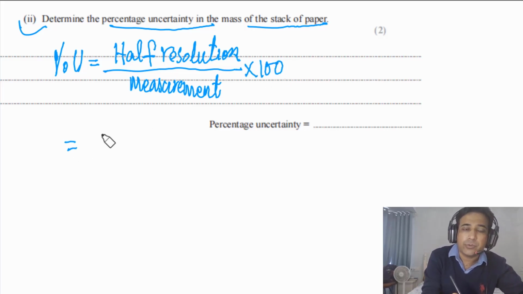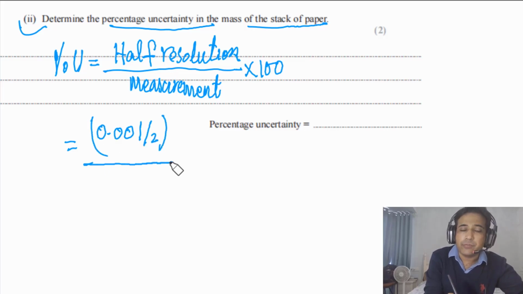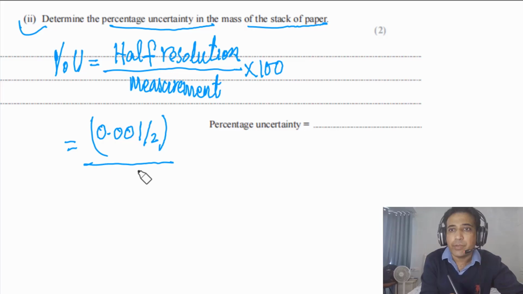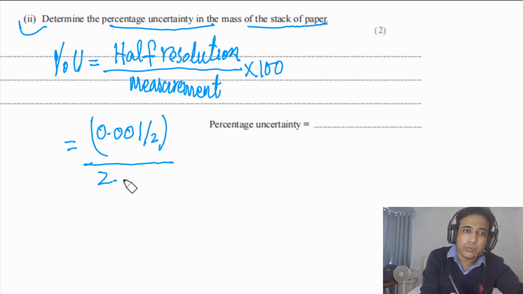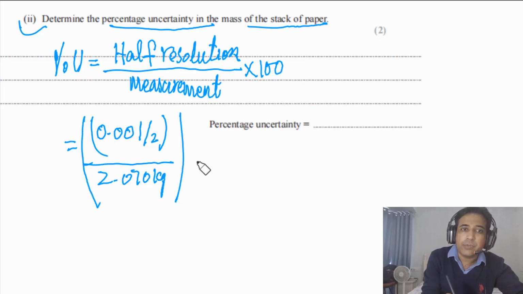In this case, our resolution was equal to 0.001. We have to divide this by 2, and divide by the reading of the measurement. The reading was 2.070 kgs, and we need to multiply this by 100.